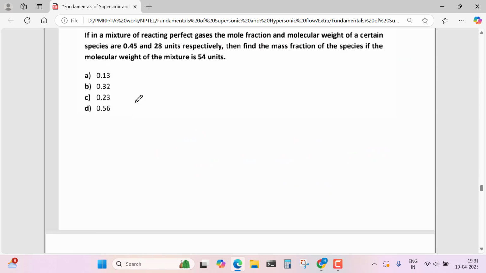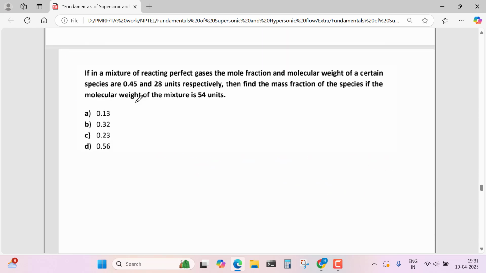If in a mixture of reacting perfect gases, the mole fraction and molecular weight of a certain species are 0.45 and 28 units respectively, then find the mass fraction of the species if the molecular weight of the mixture is 54 units.